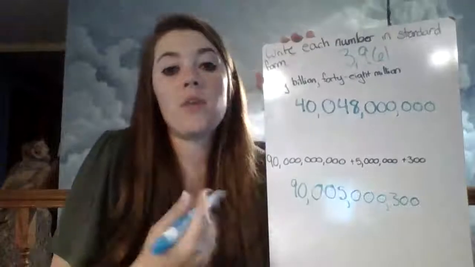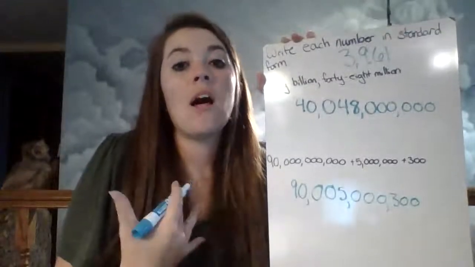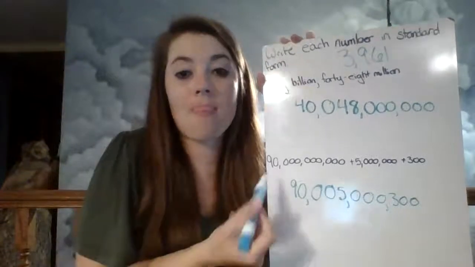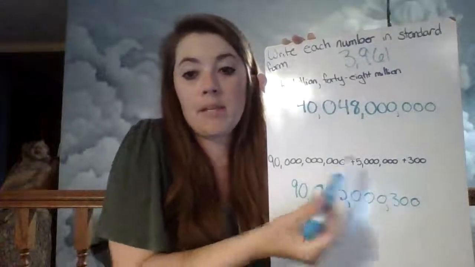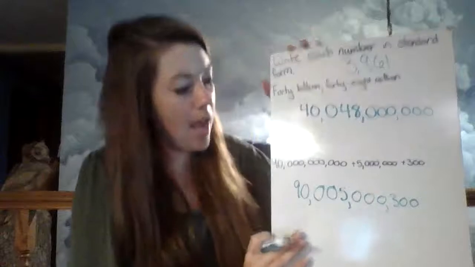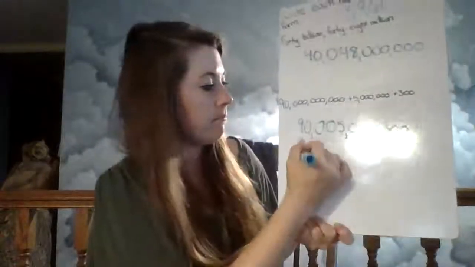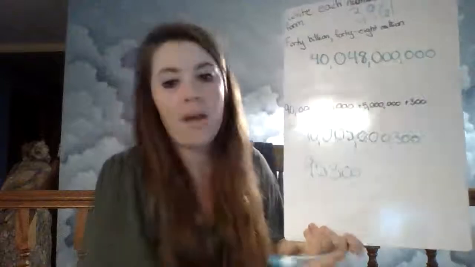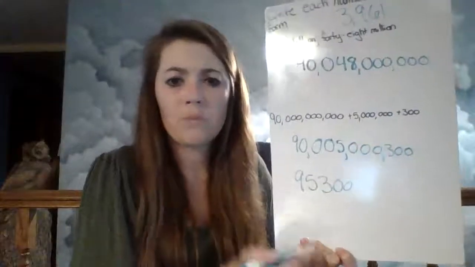So like I said, you have to be very, very careful. I've seen a lot of students in the past take and they see this 90 billion, 5 million, 300, and they might just write 9, 5, 3, and add some zeros afterwards. No, very different numbers.